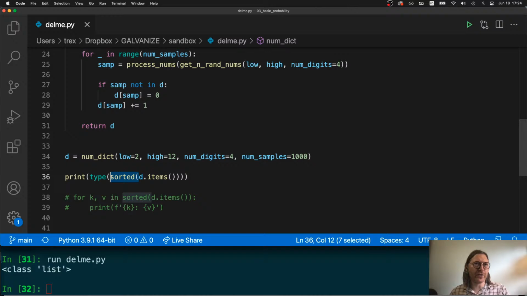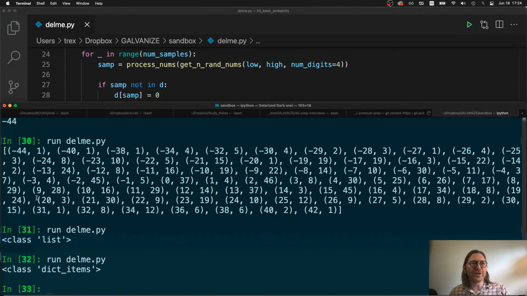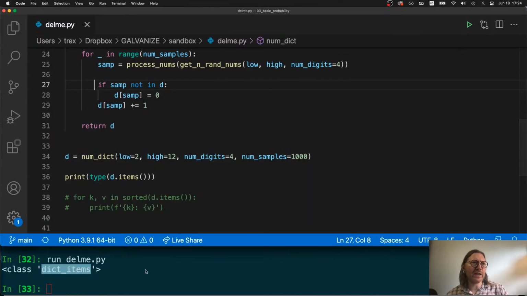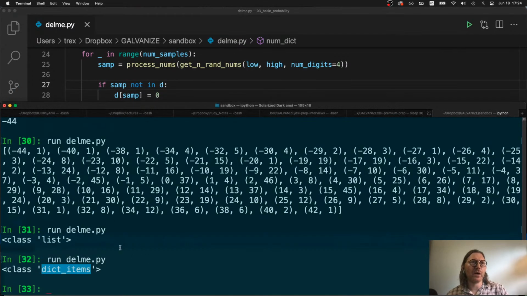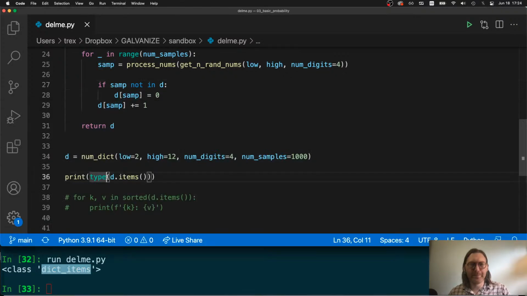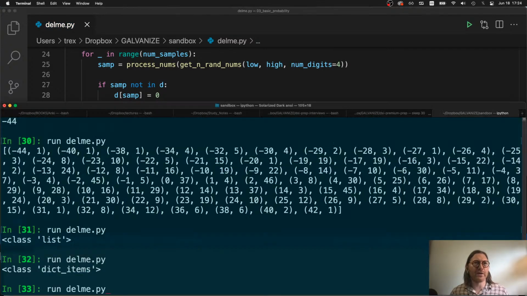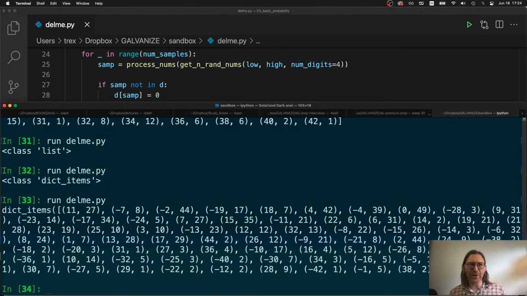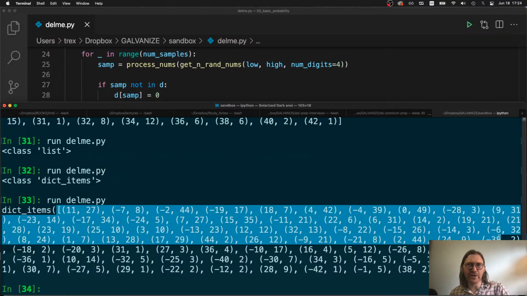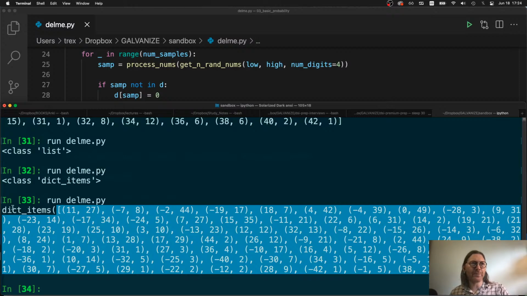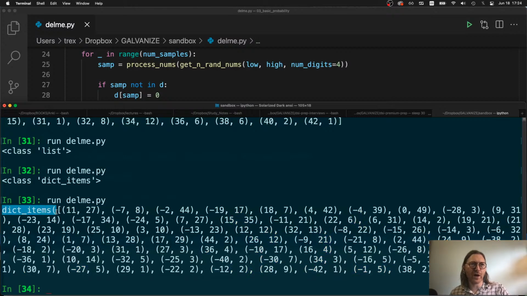If we get rid of the sorted, though, notice that it's a dict_items object. It's a dictionary items object. But if we look at that, it is list-like, right? Sorry, let me print that. If we print that, it is going to be list-like. So I think we can still think about it like it's a list, but notice the list in here is actually wrapped by the dict_items object.